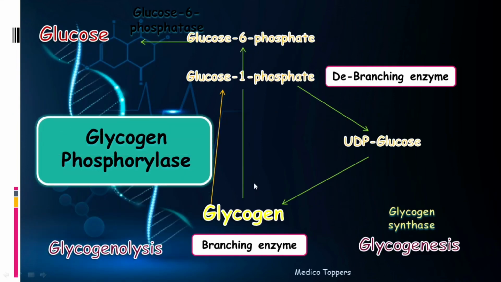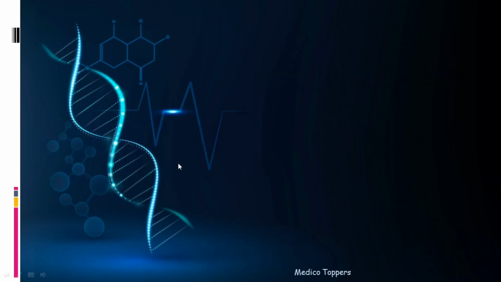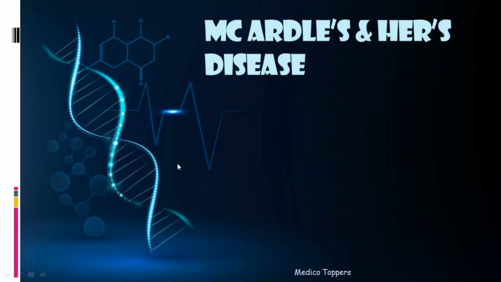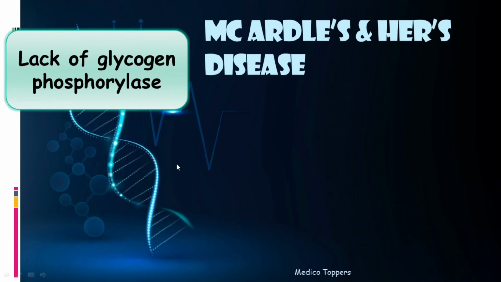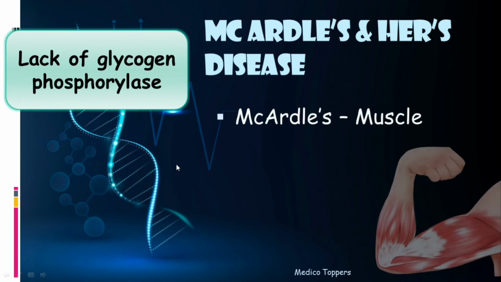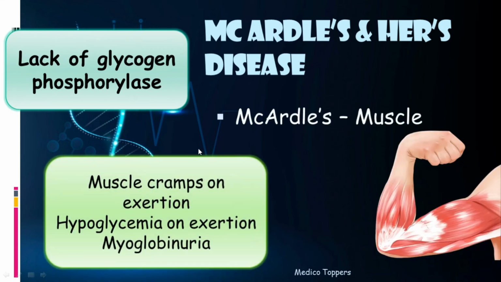Let us see. This is the exact thing, glycogen phosphorylase. So let's see the different symptoms present in both the diseases. In case of McArdle, we know the glucose or glycogen which are stored or broken down from the muscle are mainly utilized by the muscle only.